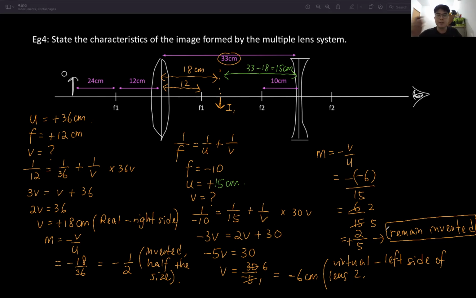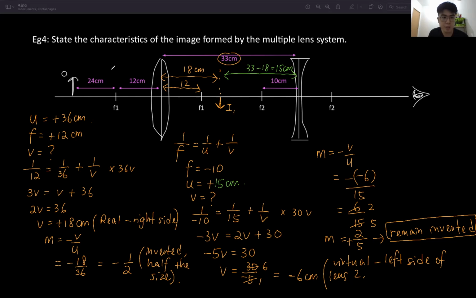So when you get positive magnification, that means remain in whatever orientation it is initially in. So the final image is inverted. And one thing to take note, this magnification is the magnification of the image I1, not the object O.